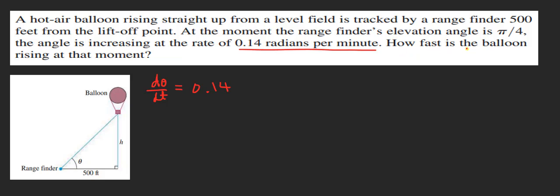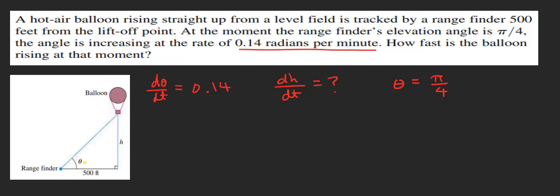Now, how fast is the balloon rising at that moment? So we have to find dH over dt when theta is pi over 4. Now, let's look at the relationship between theta, h, and 500.